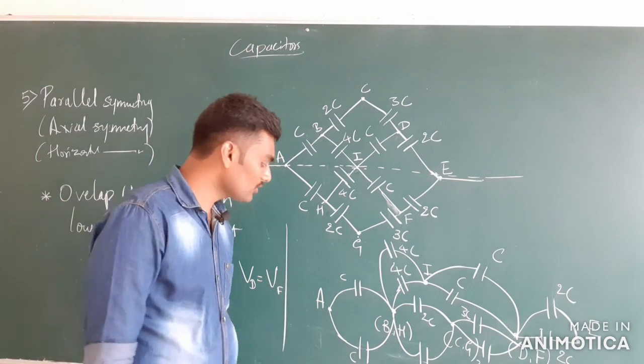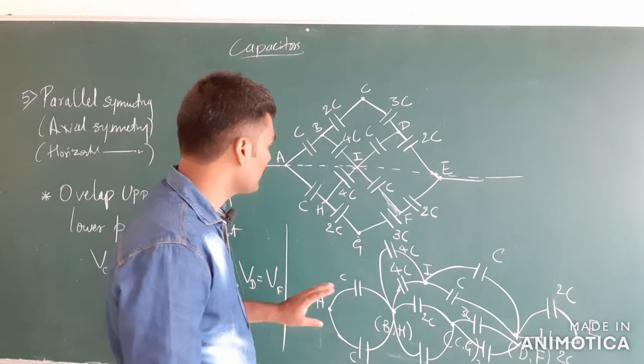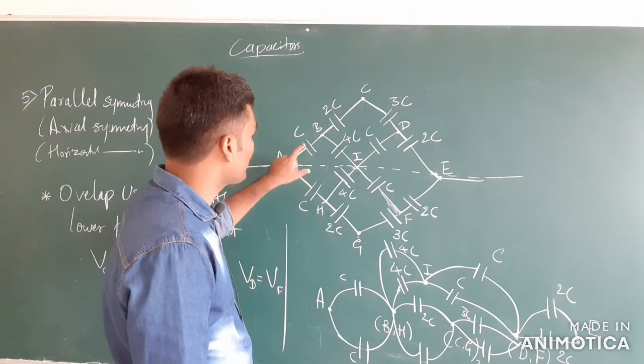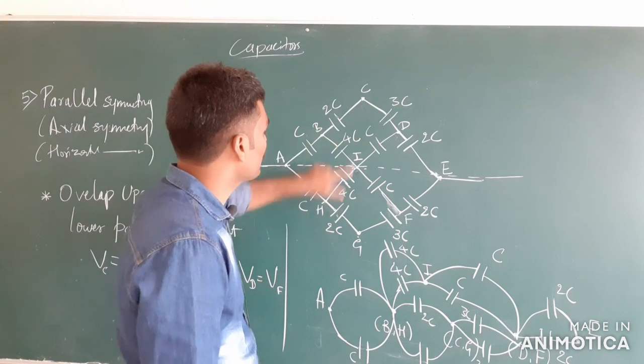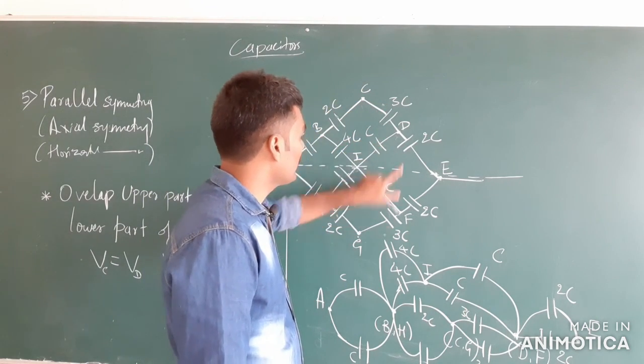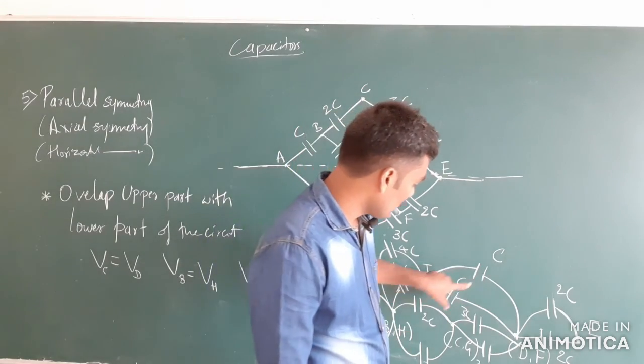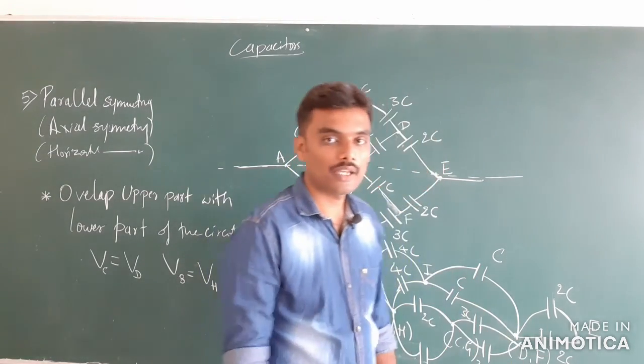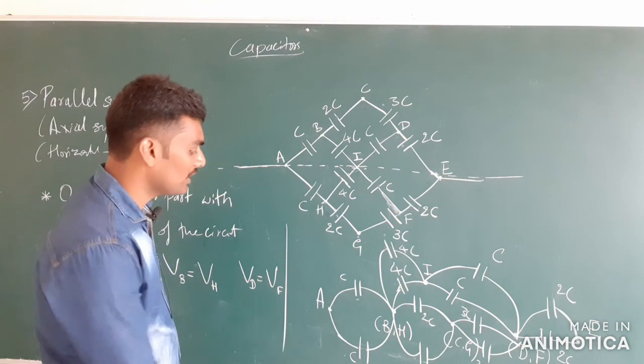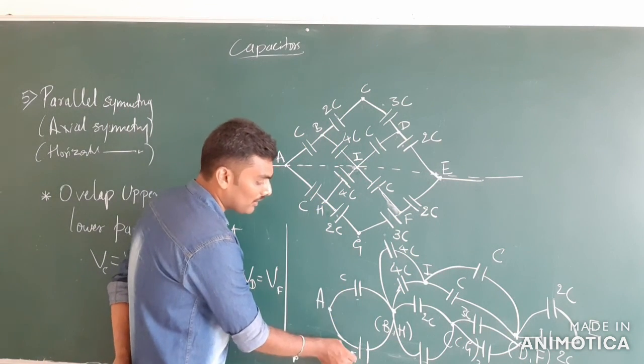The circuit might look complex, but it is not. You can count the number of capacitors: 1, 2, 3, 4, 5, 6, 7, 8, 9, 10, 11, 12. I have put all the capacitors. See, these two are in parallel.